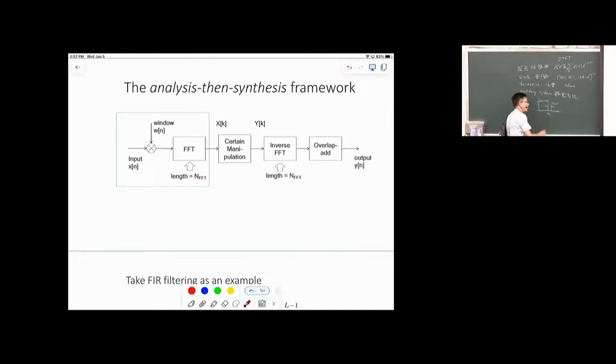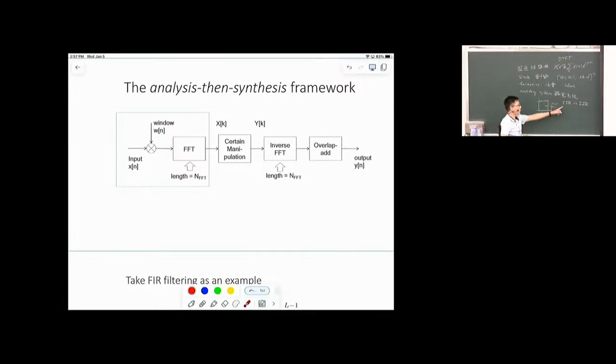So often, when we compare FIR versus IIR, which one is better? That's a question. Which one is better?